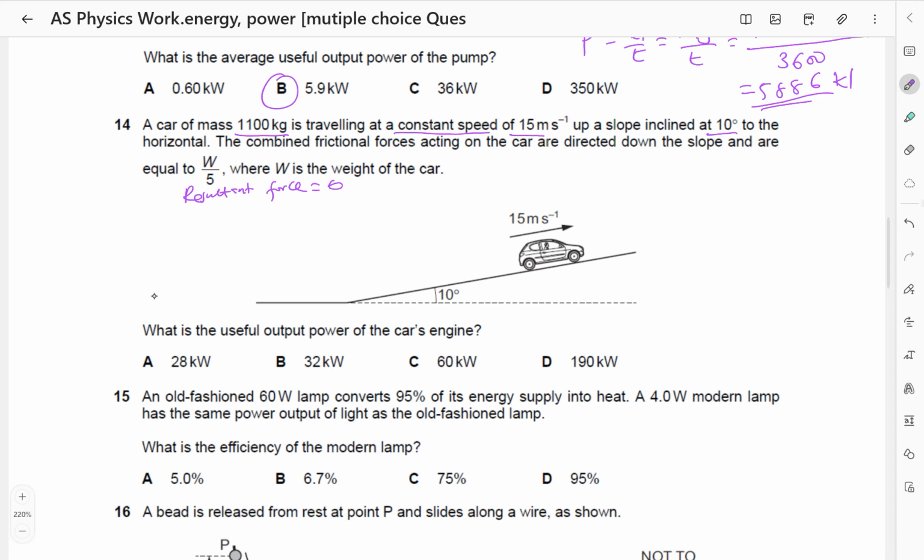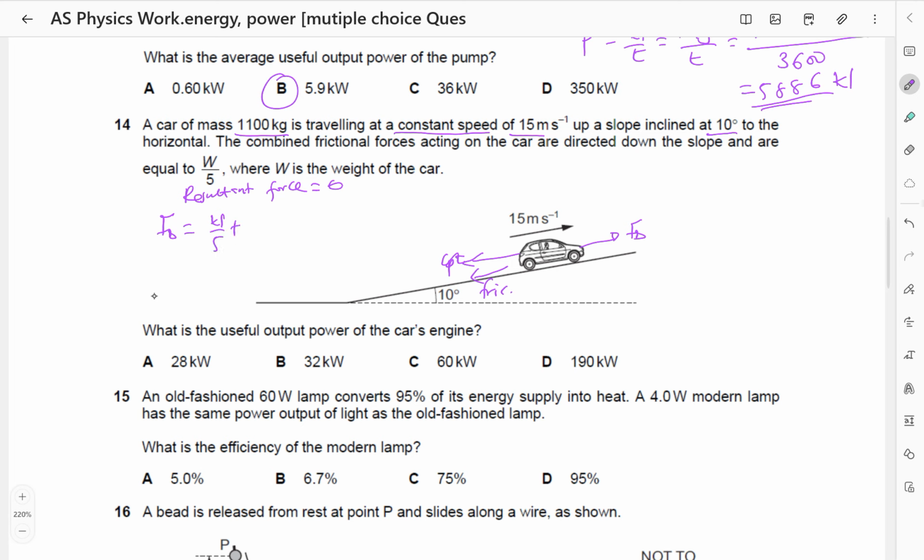So the driving force upwards, I will call it FD, should be equal to the forces downwards. Here we have the component of the weight, and we have also friction downwards. So FD is equal to the friction, which is W over 5, plus the component of the weight down the slope.